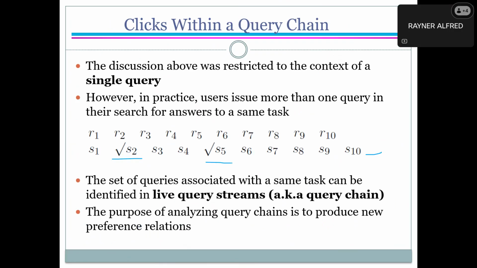So this is what we call the query chain. First query, we did not make any decision yet, and then we change our query, the second list, then we click the document. So how do we define the relationship between these documents?